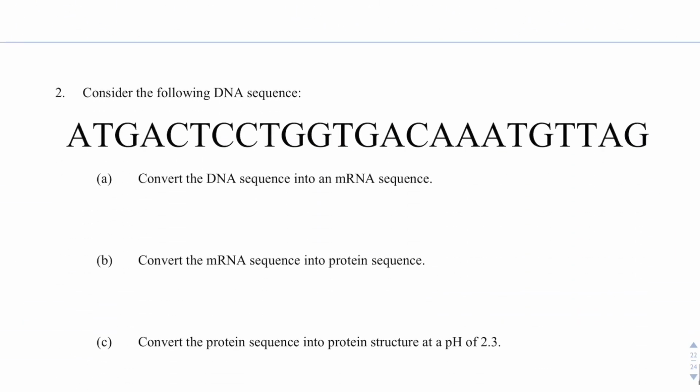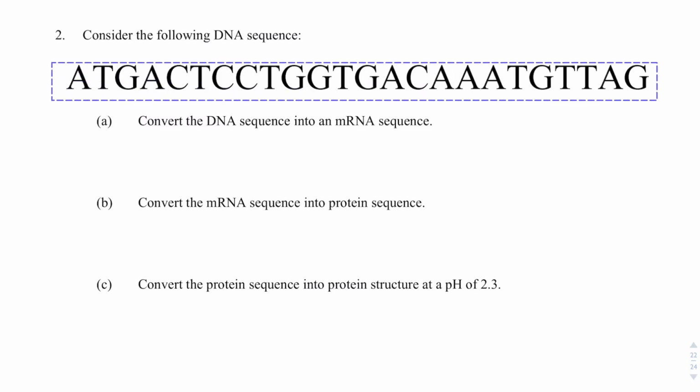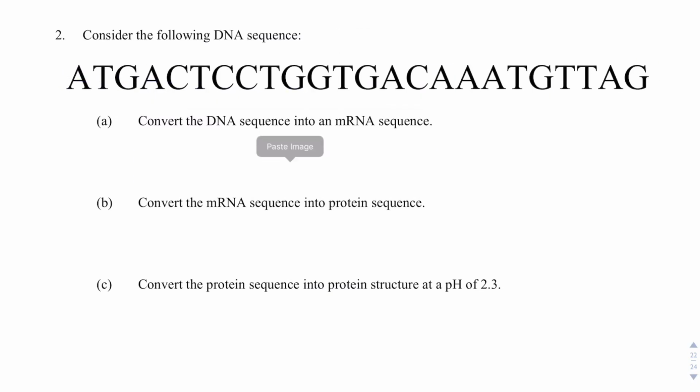Okay, let's do the second example. I'm going to go a little bit quicker as far as sequencing, and then I'll still slow down when I actually draw my protein. So, DNA sequence, easy enough.